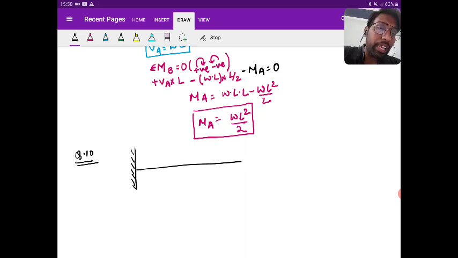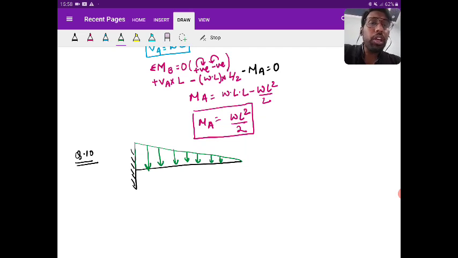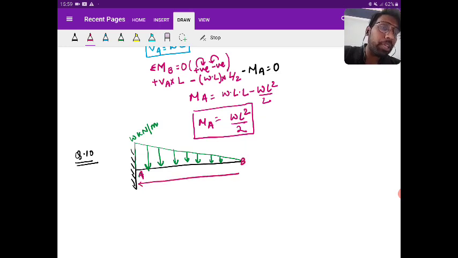There is a cantilever beam subjected to a UVL such that its maximum intensity is at the fixed end, of W kilonewton per meter. The beam is referred to as AB and the length of the beam is L.